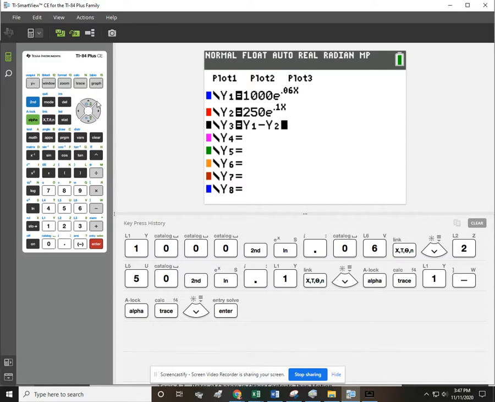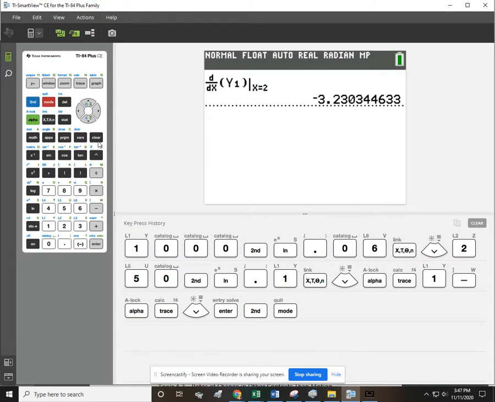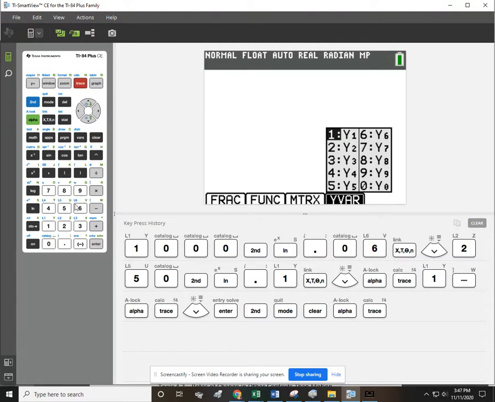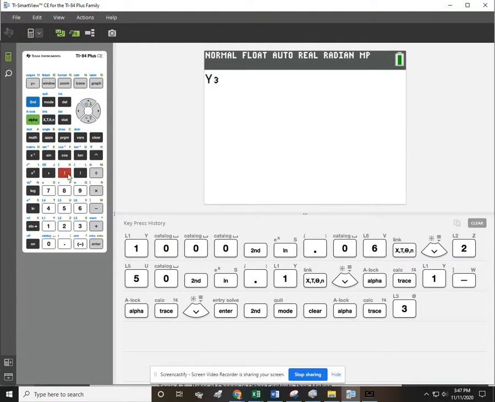And there's different things we can do. We put that one that gives the rate the penguin population is changing into y3. So what I'm going to do is just go back to my home screen and choose y3. That's where the function is that I want to know, and put in 5 in parentheses. So that's like y3 of 5.